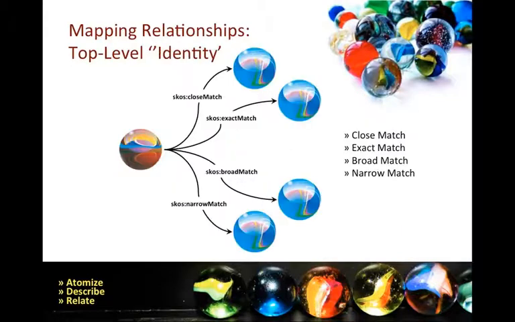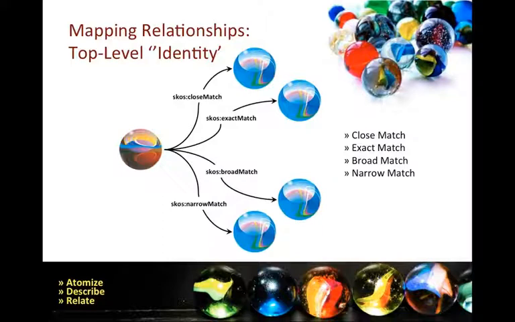Those kinds of relationships can be expressed using requisite mapping properties. Identity. Sometimes you'll have nodes that are close. For example, you might have a node in a curriculum in the Netherlands and one in the UK, and you might want to designate that there is a close match between the two. So resources that have been mapped might be used.